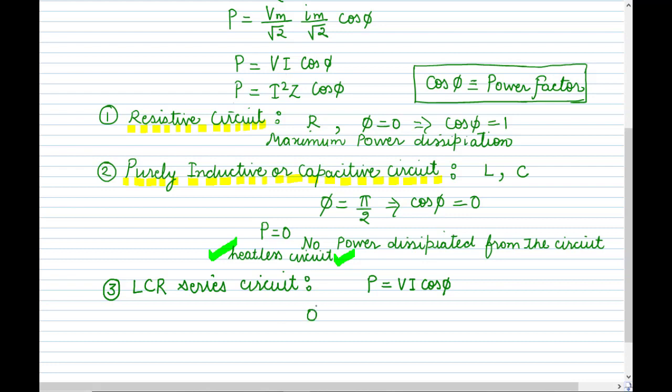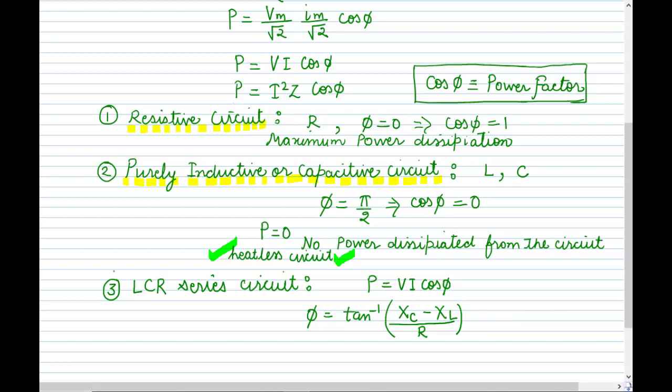And here this phase difference phi is given by tan inverse of (Xc minus XL) upon R. This is capacitive reactance minus inductive reactance divided by the resistance. So phi is not equal to 0 in RL, RC or LCR circuit.